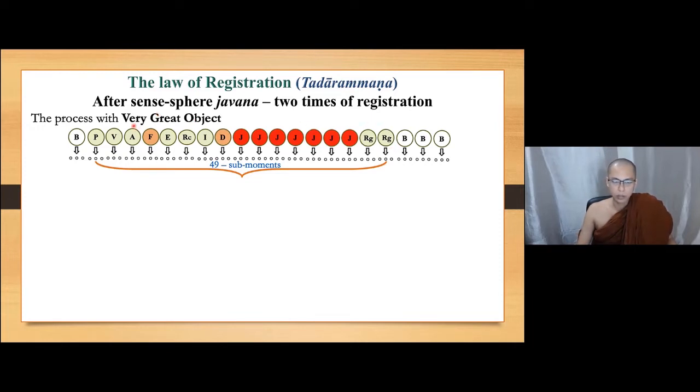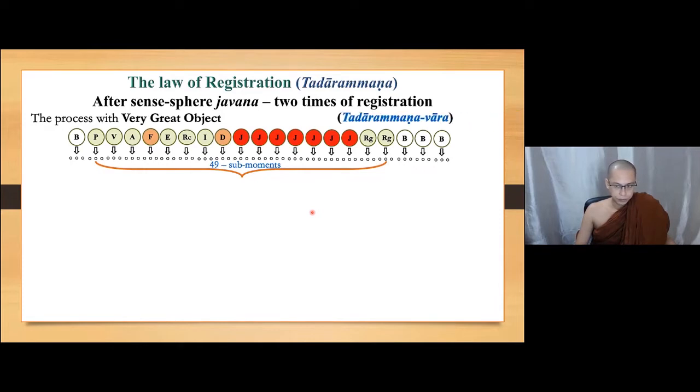This is called the very great object. Whether it is the eye door or the ear door, as long as the conditions are complete, the registration moment will follow in the five sense doors, and all have to complete the 17 mind moments' duration. This is called the very great object.